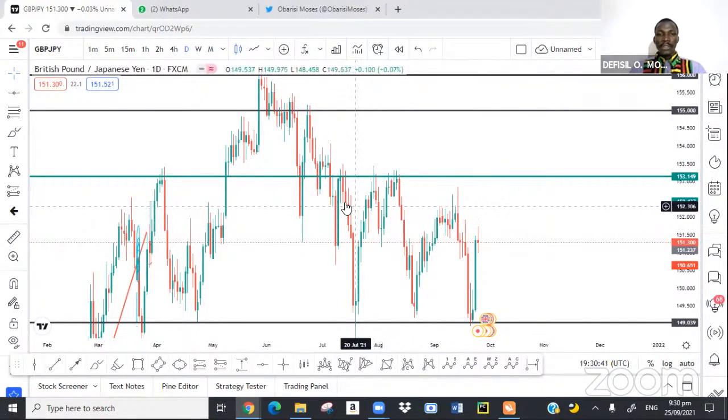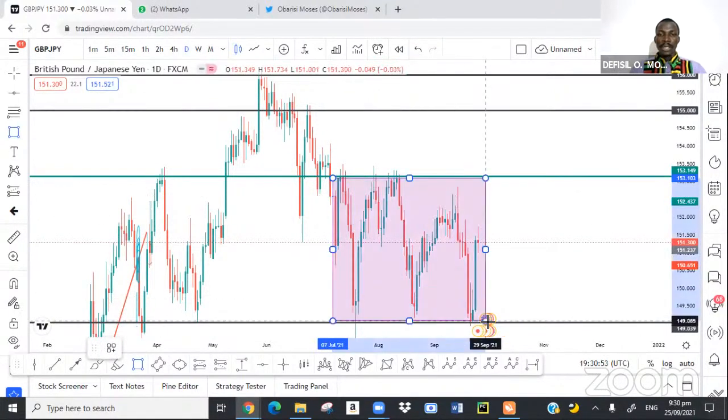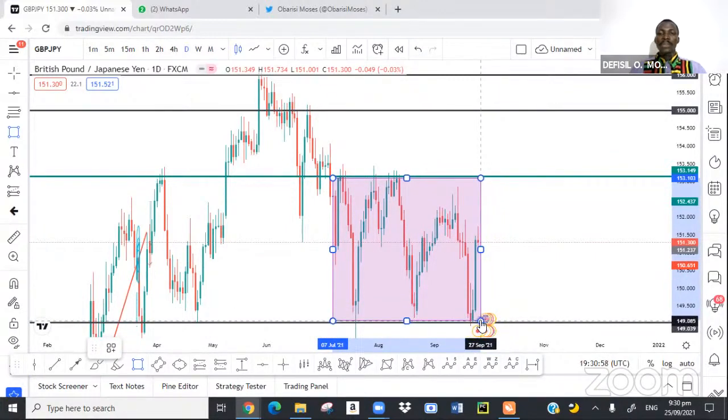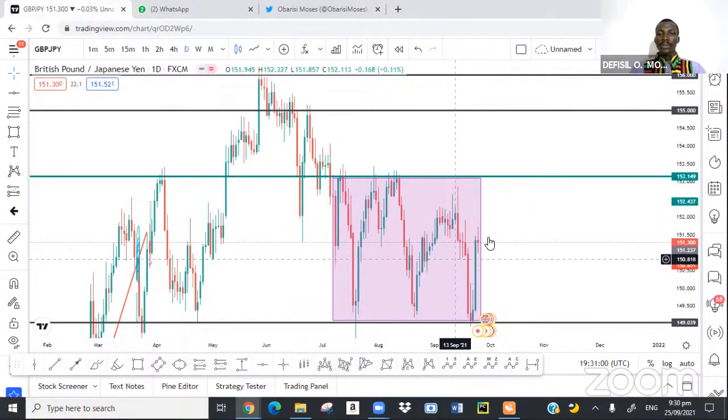Now, judging by this area from here to this area, let me just use a rectangle to capture the area I'm talking about. Judging by this area, this market has every tendency of getting to this level, because judging between here and here, you can see that this market is ranging on the daily time frame.